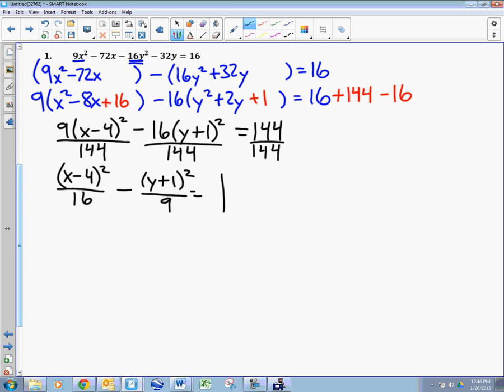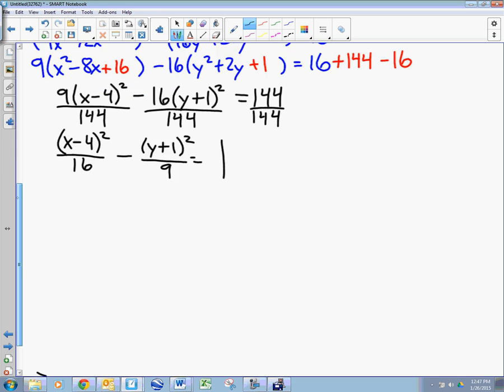Done. Is that in its completed form? Yes. Now we need to sketch its graph and name all the important characteristics.